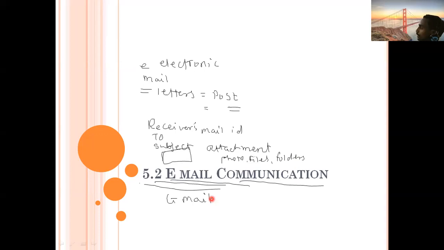Yahoo, Rediffmail. Okay, so at least we should not think much more about this.